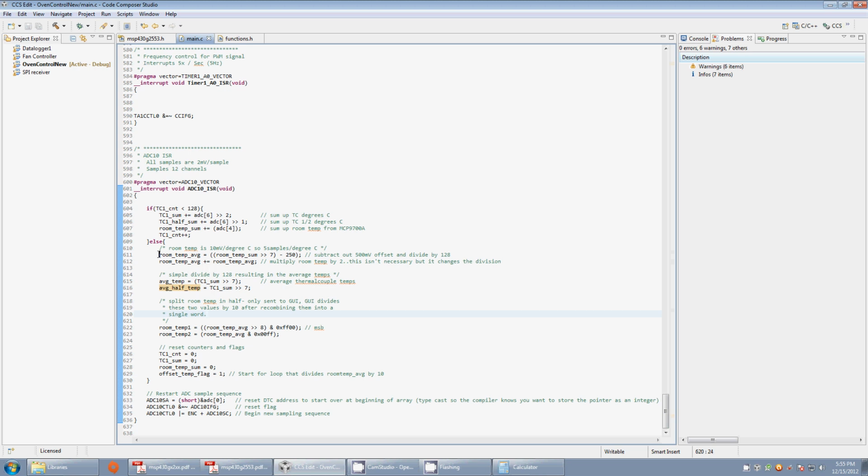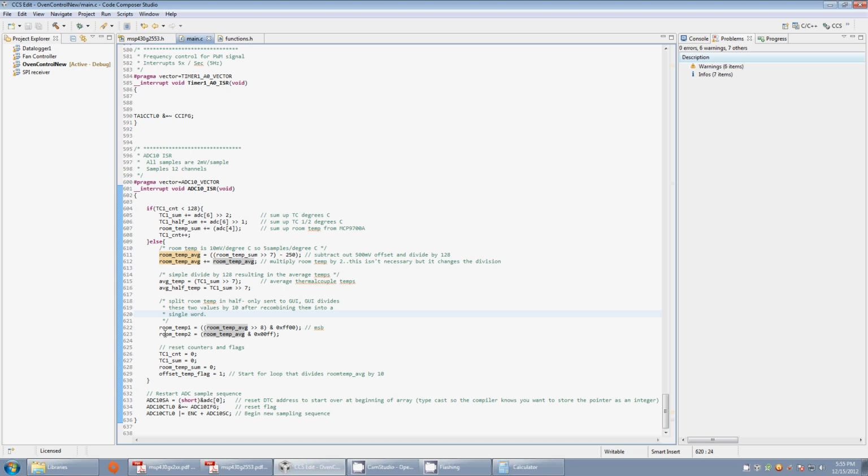Remember, right here, we multiply by 2 because we have 5 digits per degree C. Multiply that by 2, and that's only because I picked 10, and I was going to try to divide by 10. You could just do all this, forget this, and then divide by 5. But I ended up going through all this with 10, so I wanted to stick with it.